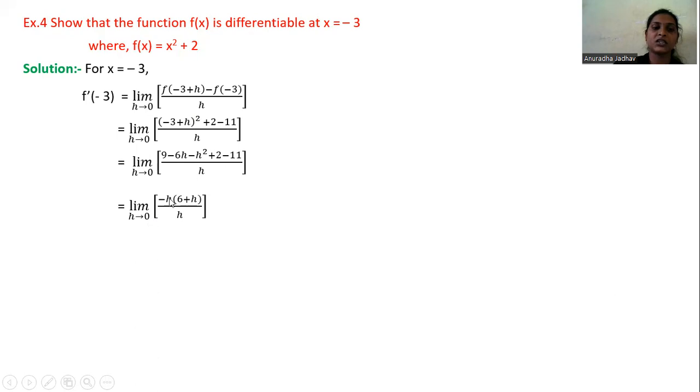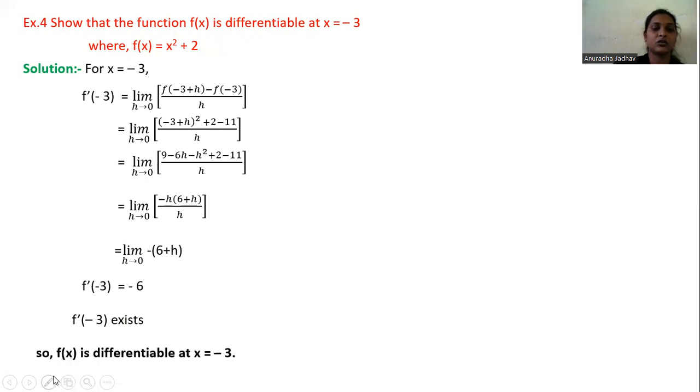Taking common minus h, inside the bracket is 6 plus h divided by h. Again h gets cancelled. That is minus into bracket 6 plus h. Then apply the limit h tends to 0. It remains -6. Therefore, f dash of -3 exists. So, the function f of x is differentiable at x is equal to -3.